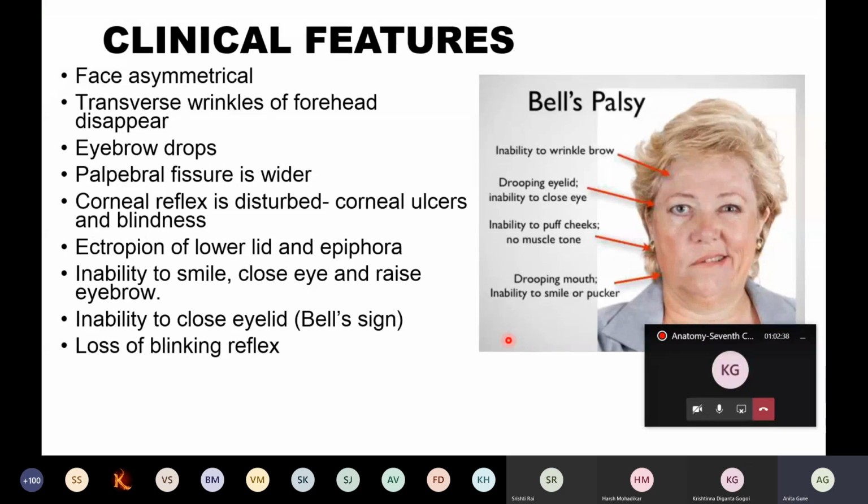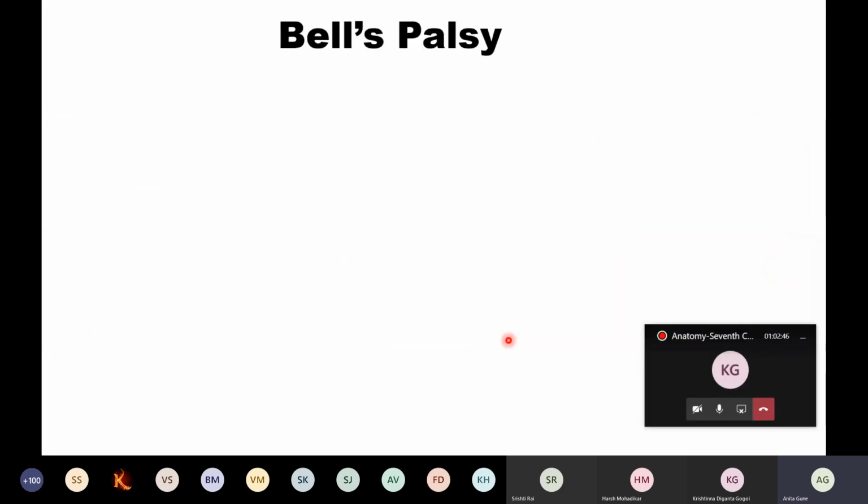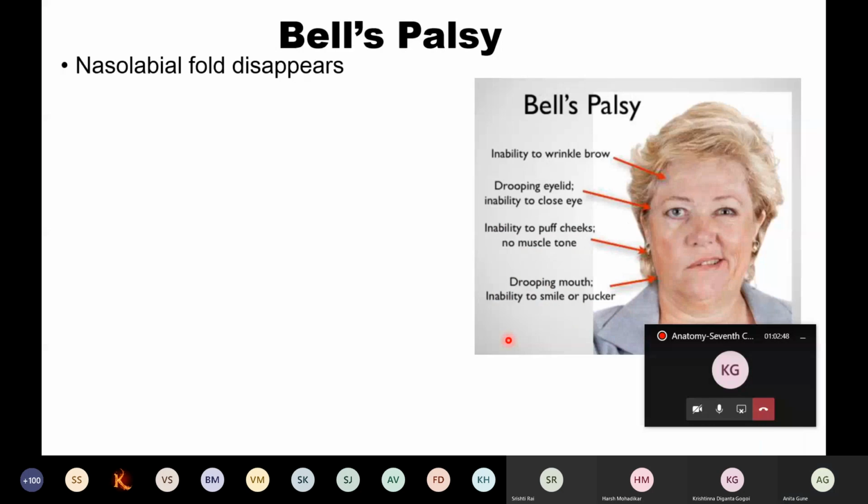Obviously, as you cannot close the eyes, there will be loss of the blinking reflex. You can illustrate the blinking reflex, it will be lost, or the corneal reflex will be lost. The nasolabial fold, which is present on the normal side, will be absent over here.